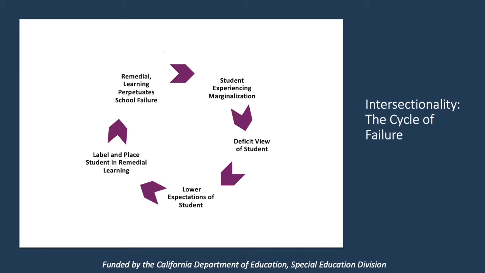The student is labeled and segregated, and the cycle continues beyond our pre-K to 12 system. This is evidenced in disproportionate representation of certain specific student populations in special education, discipline referrals, post-secondary outcomes, etc. In your processing guide, we've included a few questions around the cycle of failure.